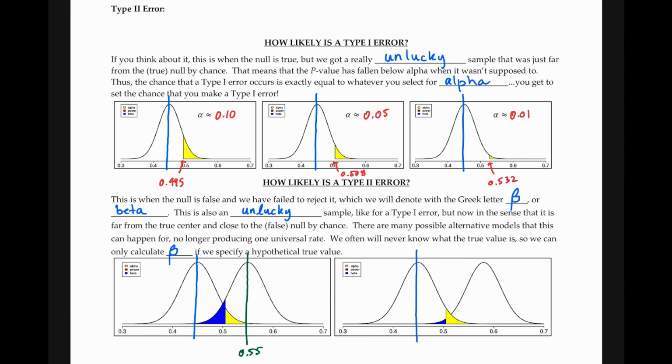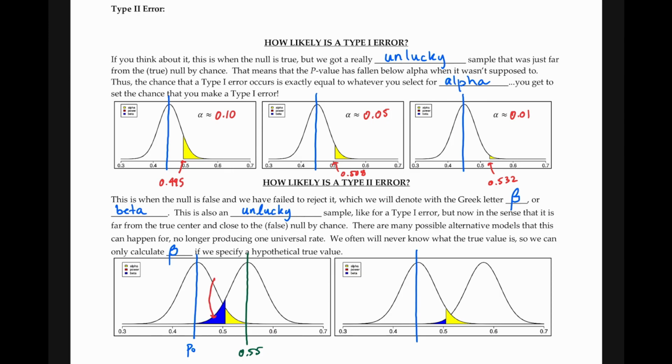Okay, well then what's the chances that we end up grabbing a sample and it's not far enough away from the old null hypothesis, which I'm going to call p naught, at 45%. That is this blue shaded region right here that I'm for some reason outlining in red. That's the blue shaded region there. That is going to be our type 2 error.